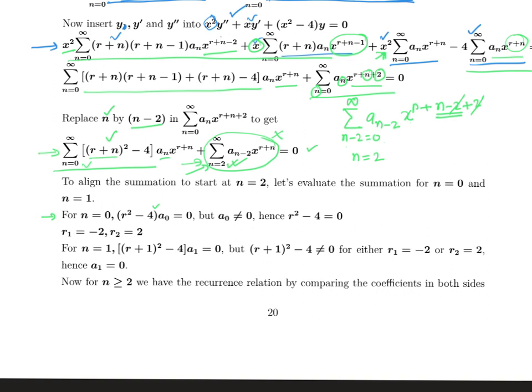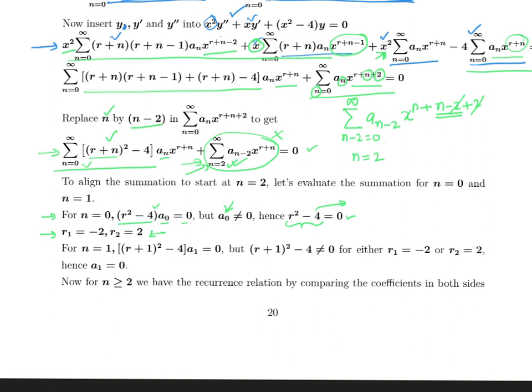That means any coefficient of x on the left must be 0. Now, r squared minus 4 times a0 is equal to 0. This is basically product of two numbers, correct? But a0, that one cannot be 0. So therefore, we are left with r squared minus 4 is equal to 0, which is going to give me solutions r1 is equal to negative 2 and r2 is equal to 2.